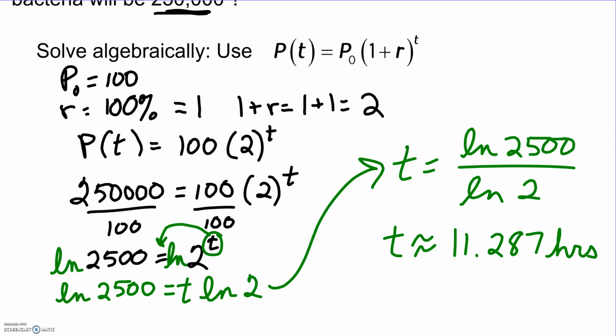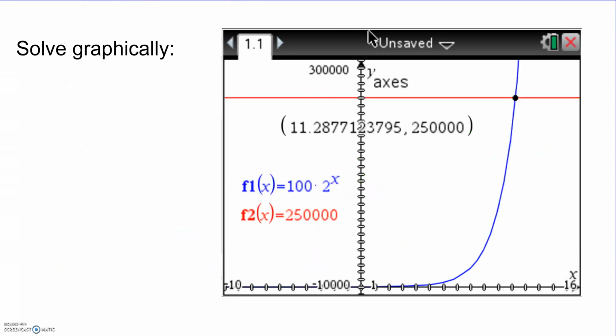Now, alternately, you could solve this problem also graphically. If you're going to solve it graphically, then what you would do on your calculator is you would graph, first of all, the initial function that we came up with, which is y equals 100 times 2 to the x.